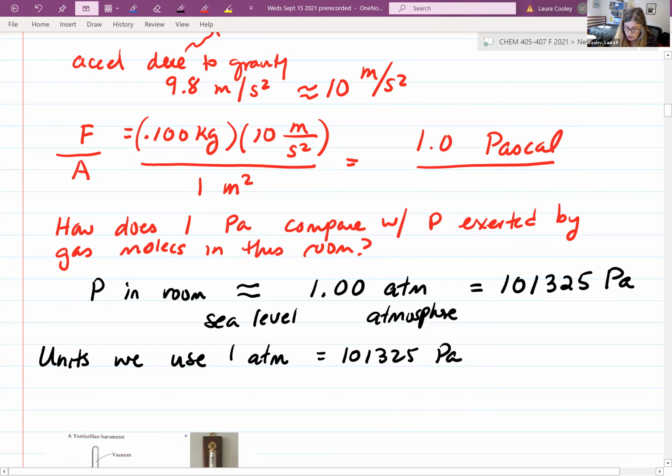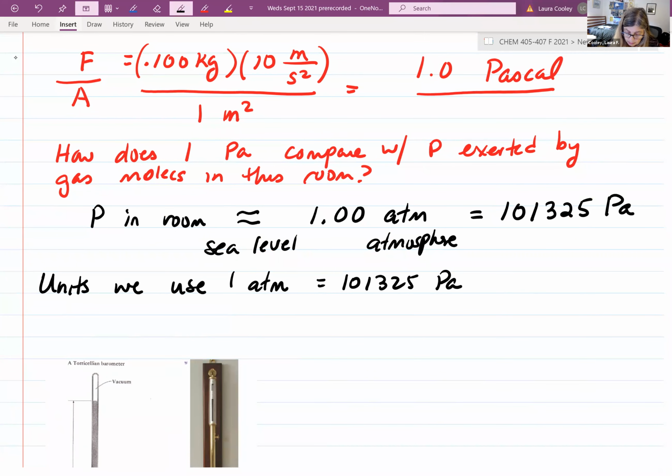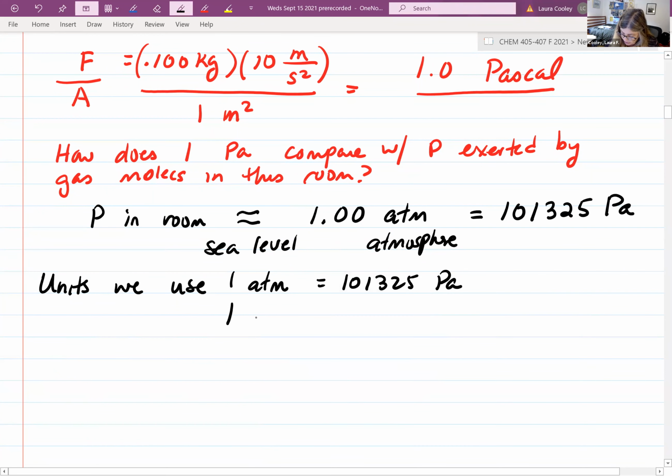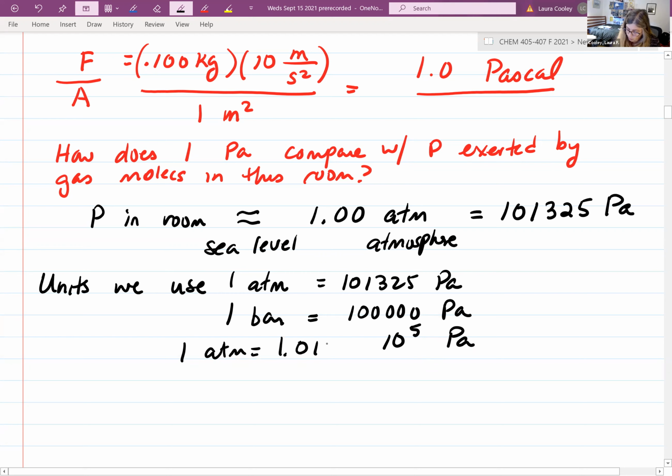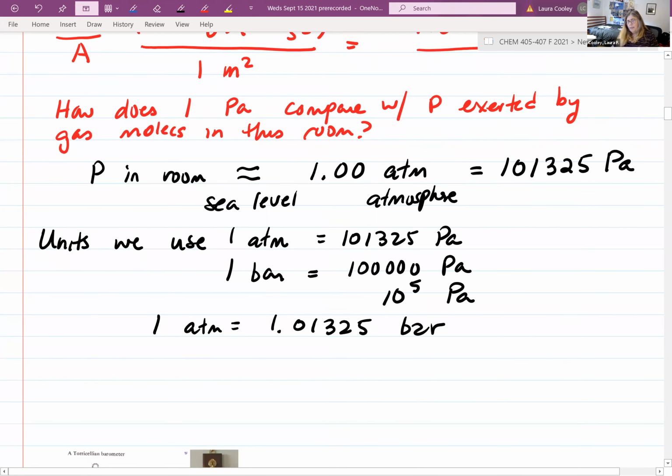We also use the bar units, especially later in the semester. 1 bar is actually 100,000 pascals, or 10 to the 5th pascals. And so you can see that an atmosphere and a bar are almost the same. 1 atmosphere is 1.01325 bar.